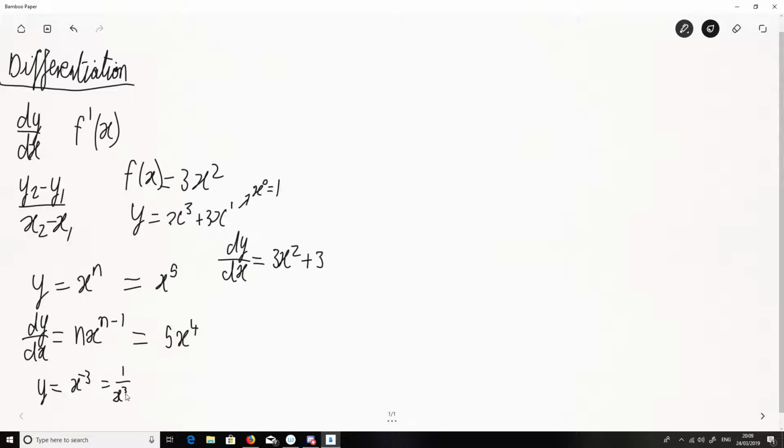So you take that to x to the minus 3, and then you would differentiate it to get minus 3x to the minus 4. Just doing the same thing again: take this whole minus 3, times it by the x, and take 1 away, and you get minus 3x to the minus 4. You can also write that as minus 3 over x to the 4 if you prefer, whatever suits, or whatever format you're told to give the answer in.